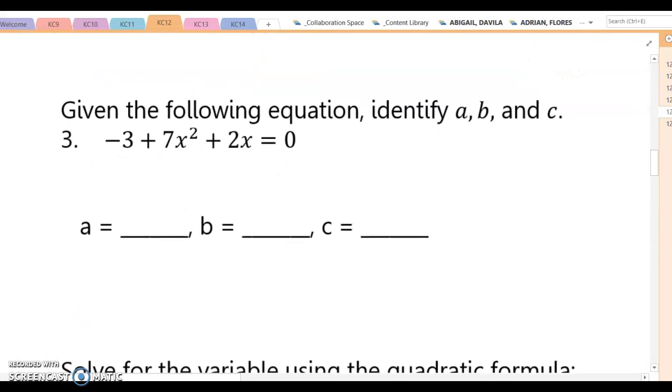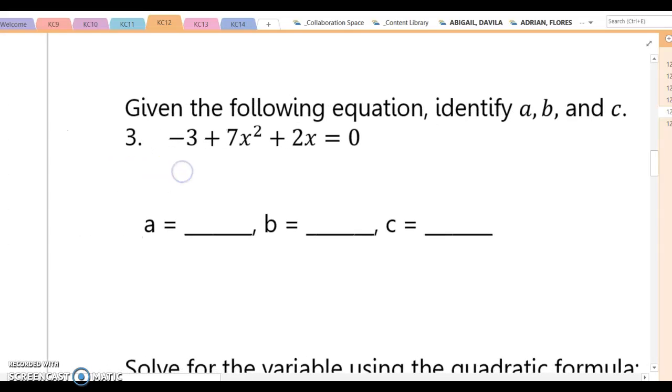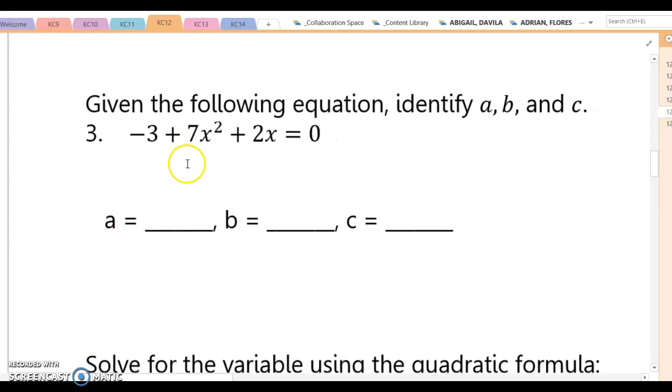Next one, it says, given the following equation, identify A, B, and C. So for this one, it's not just A is negative 3, B is 7, and C is 2, right? They kind of scrambled up your equation a little bit. So it's not in order. You've got your x squared in the middle, your x all the way over here, and just the plain number all the way over here. So just make sure you're paying attention.